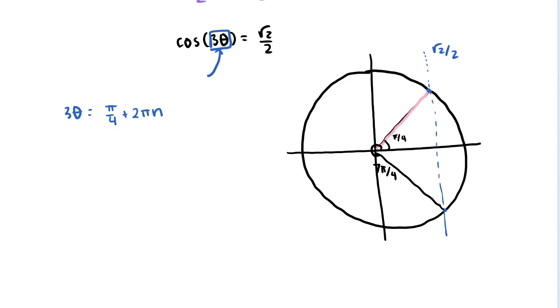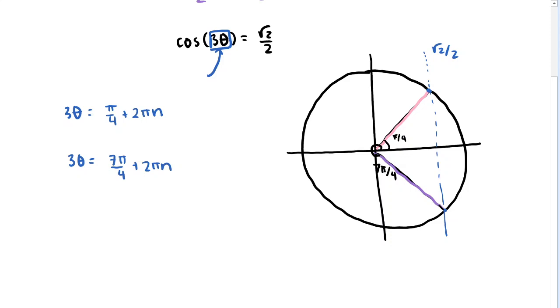And then similarly, if 3 theta brings us to this family of angles, then when we take cosine of that result, we'll again get the square root of 2 over 2. So really here, if 3 theta is equal to 7 pi over 4 plus 2 pi n, we also get a solution to our equation.